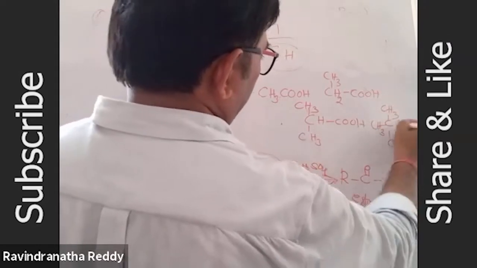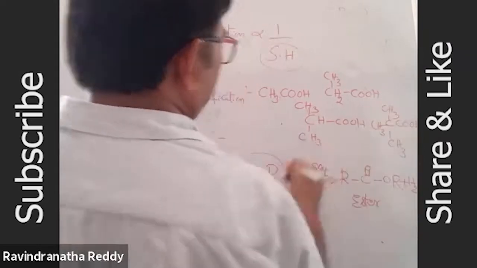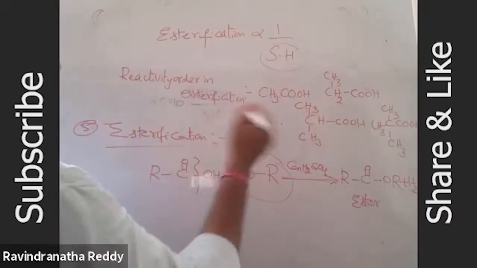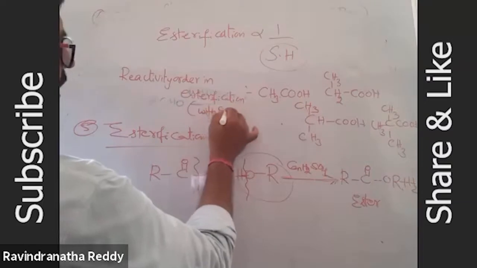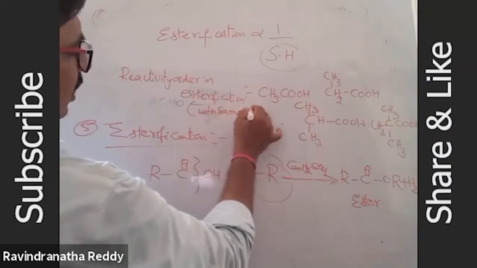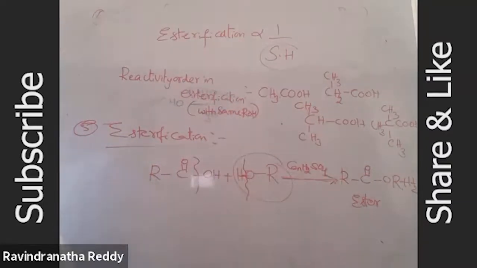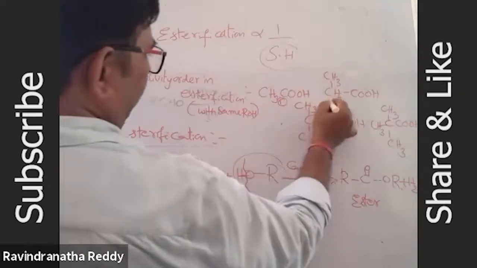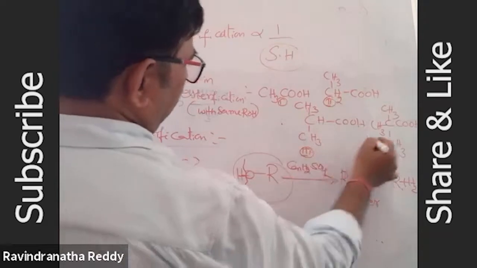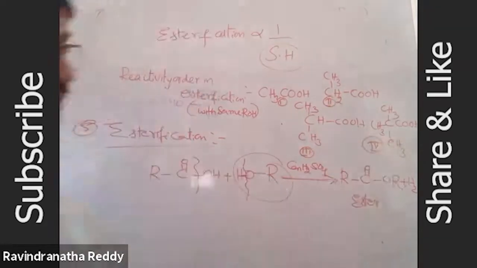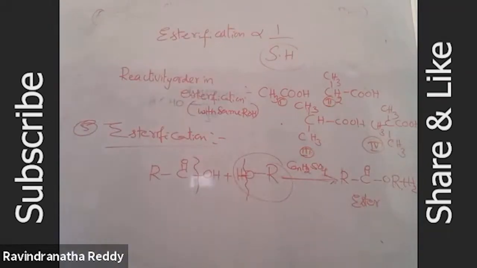With the same alcohol in all cases, here are compound number 1, 2, 3, and 4. So what is the esterification order?